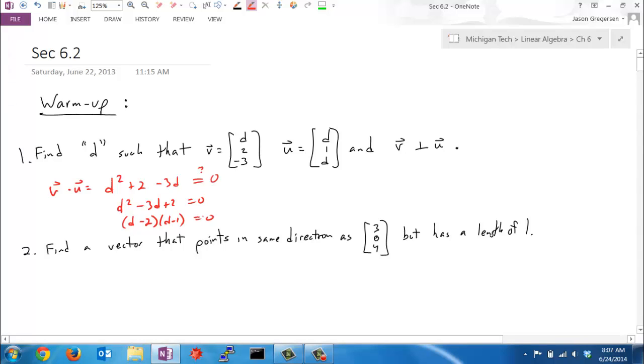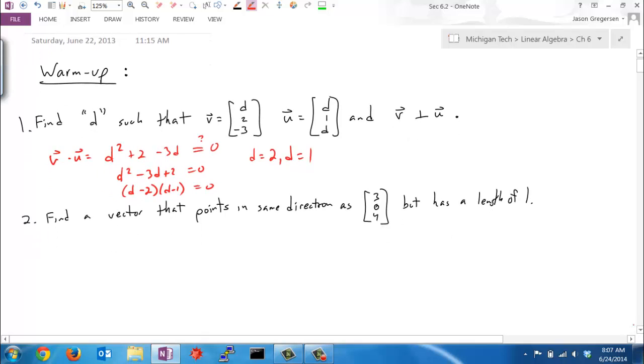Of course, if you can't see that factorization, then plug it in the quadratic formula or plug it in your calculator. And when we do that, we see that when D is equal to 2 or D is equal to 1 would be our solutions. So those are the two values that make these two vectors perpendicular. Any questions about that one? Once again, just emphasizing the fact that they're perpendicular when the dot product is equal to 0.